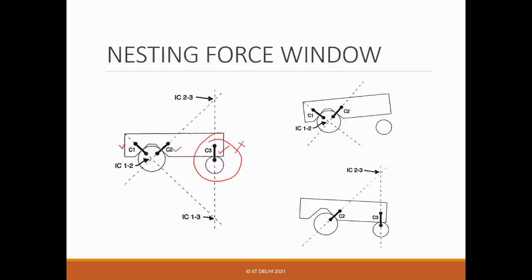So if you just extend these lines, C1 and C2, you find an intersection. So this is the intersection, and the axis passing through this point and perpendicular to the plane, it can rotate, right?